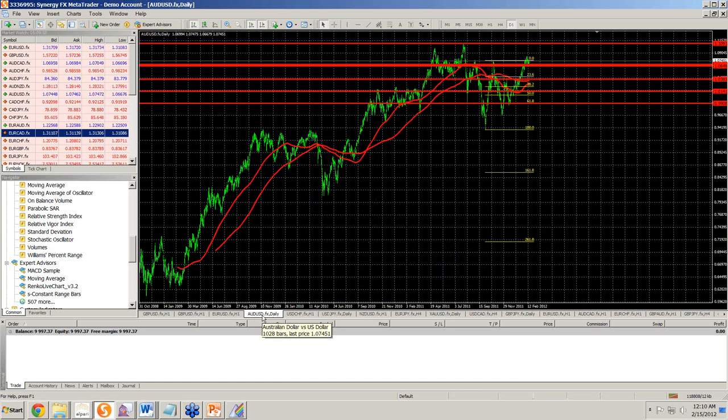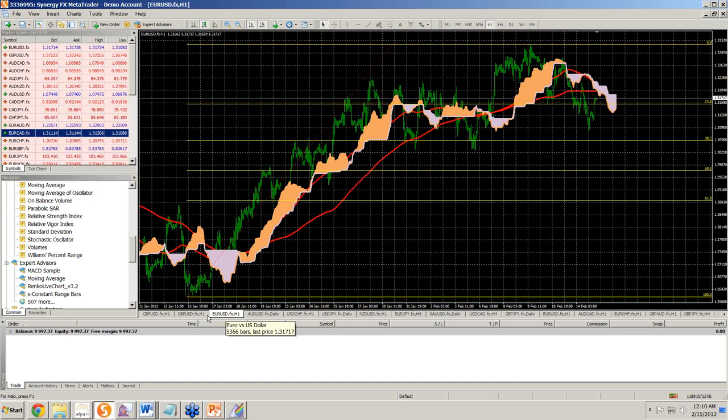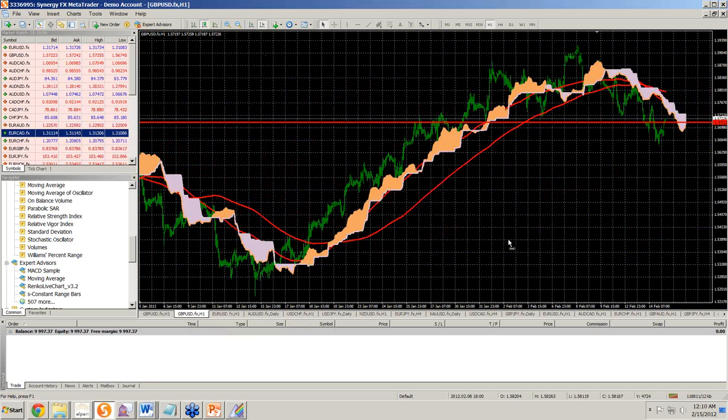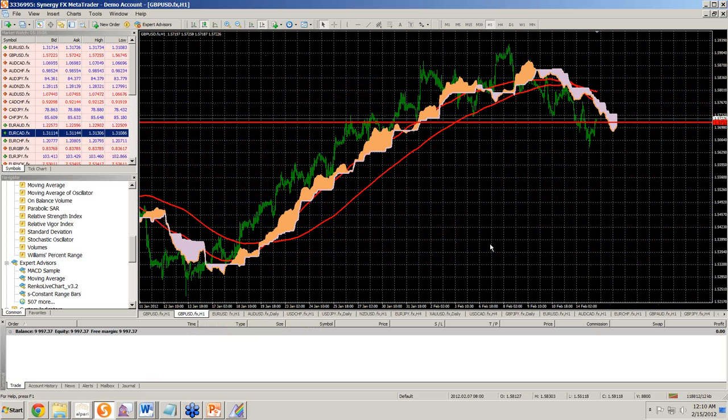Let's see if we can find some other examples. Now this blob-like indicator is what's known as an Ichimoku cloud, and a lot of times it serves the same purpose as the 100, 200 period moving averages.